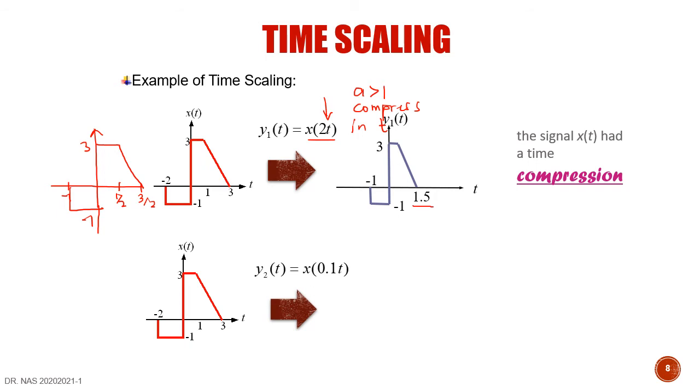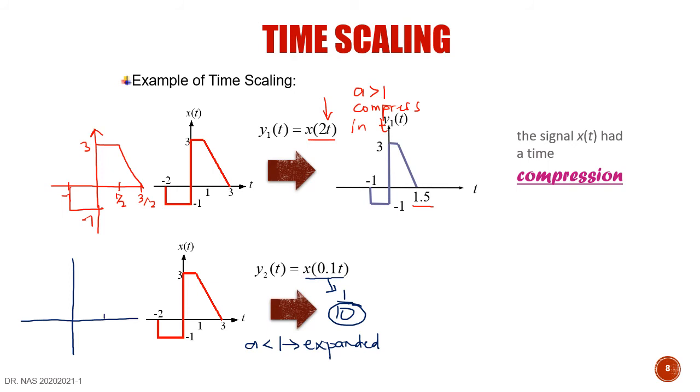Let's look at the second example. Now x(0.1t). You know that in this case a is less than 1, so the signal will be expanded in the time domain, in t, sorry. So let's draw the t. 0.1 is equal to 1/10, so the signal will be expanded by 10 times.